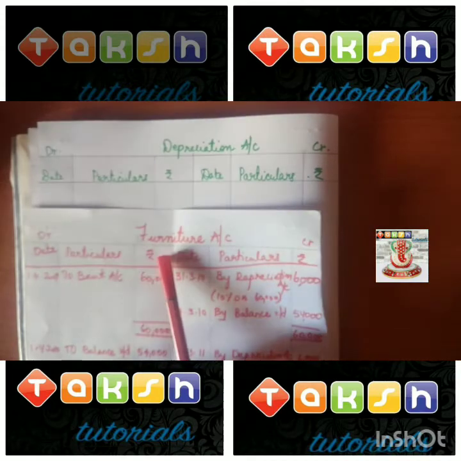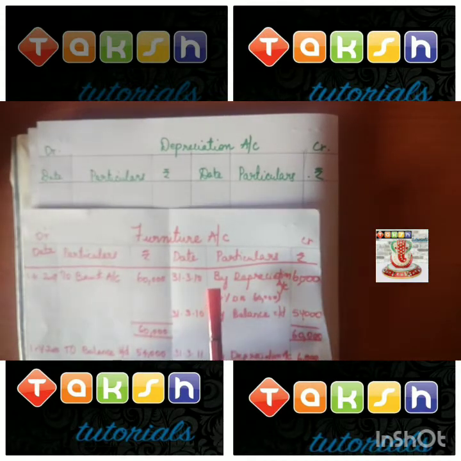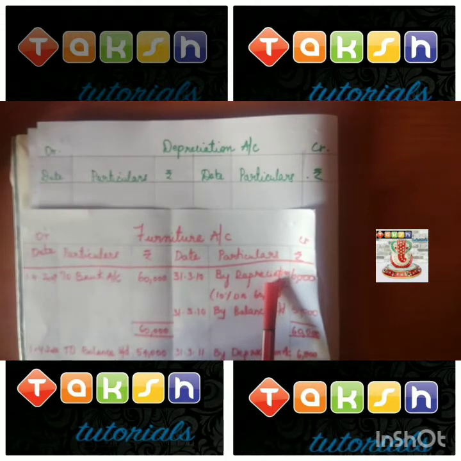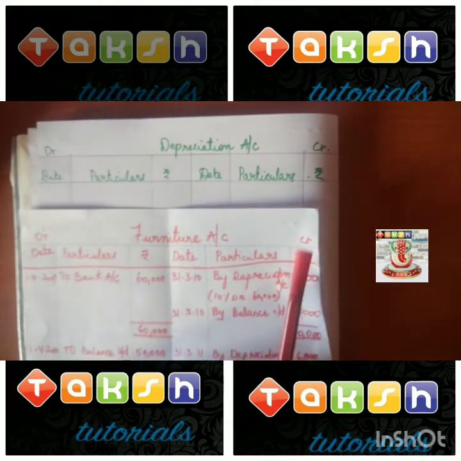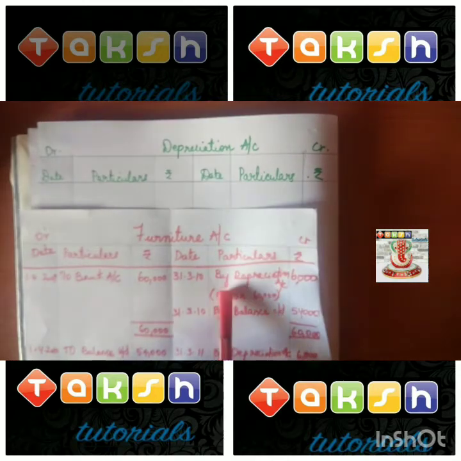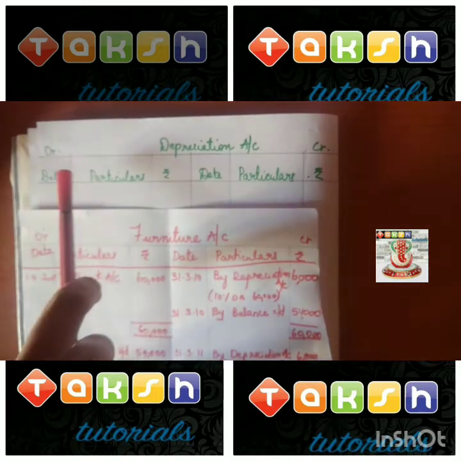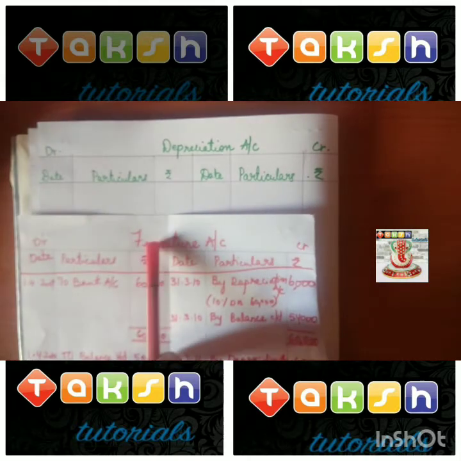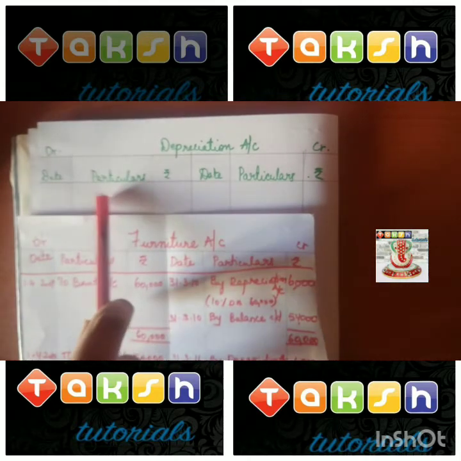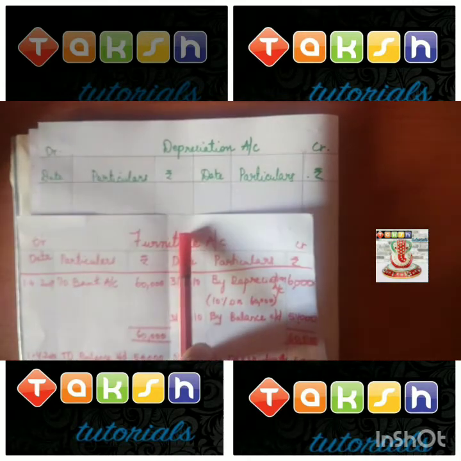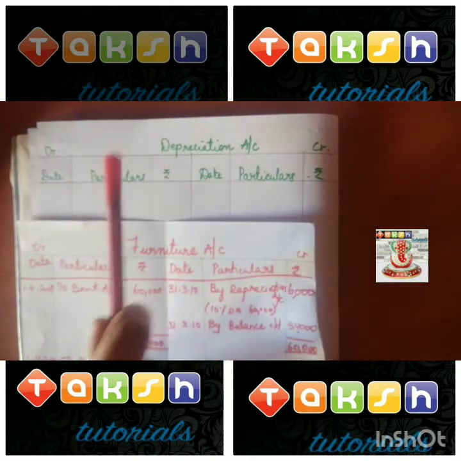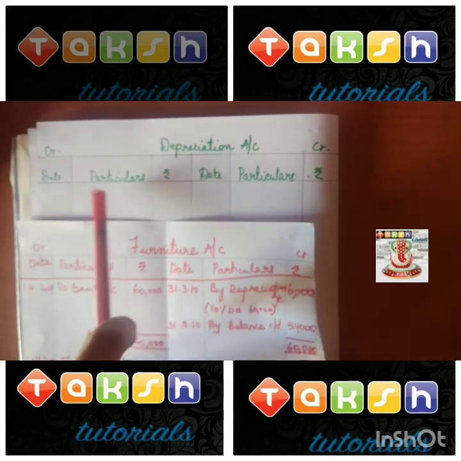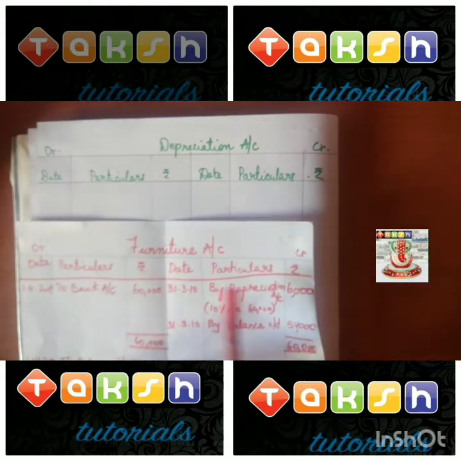In the furniture account, on the credit side, we have written by depreciation account. So you have to pass the opposite entry. So in the depreciation account, on the debit side, you will write furniture account, and it will be an opposite entry.